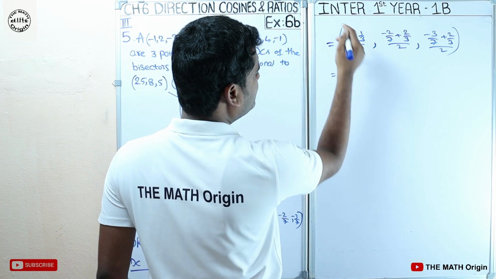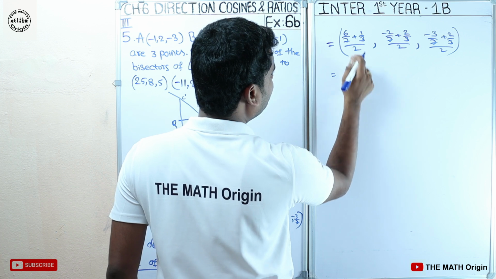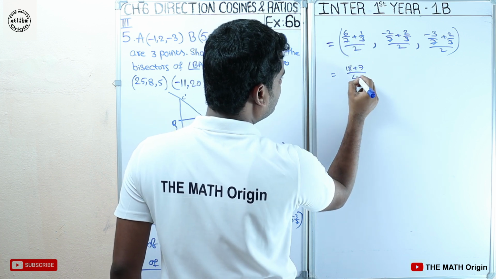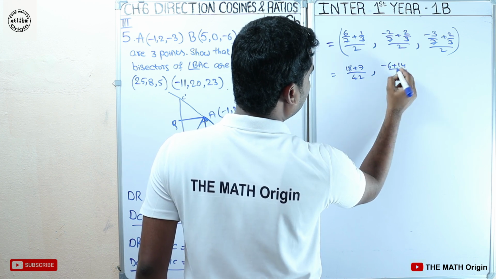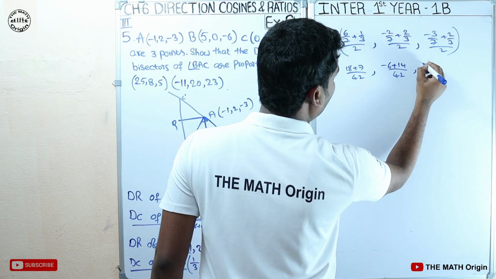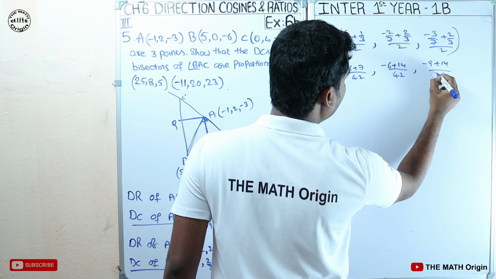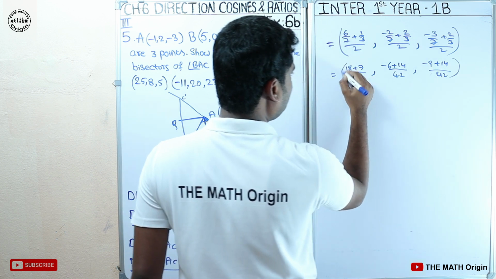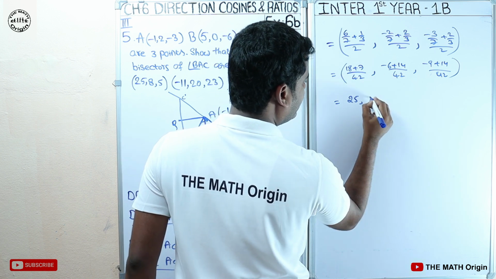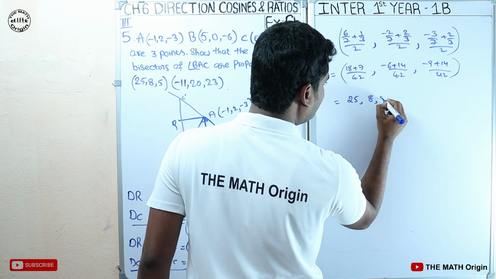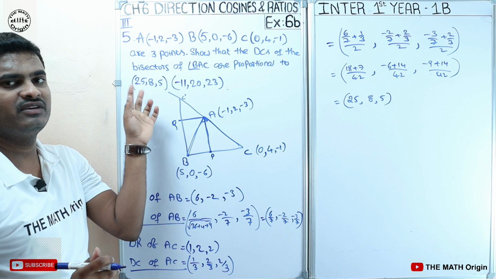If you take the LCM, 6 times 3 is 18 plus 7, and 7 times 3 is 21, into 2 gives 42; that is 25 by 42. Next, -6 plus 14 by 42, and -9 plus 14 by 42. The values are 25, 8 and 5, which is equal to the value given in the question.